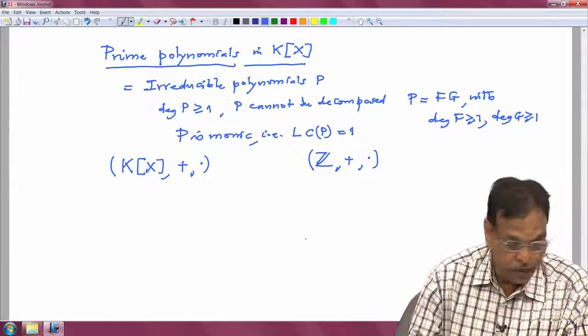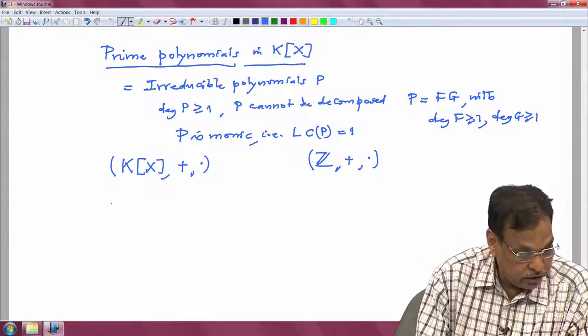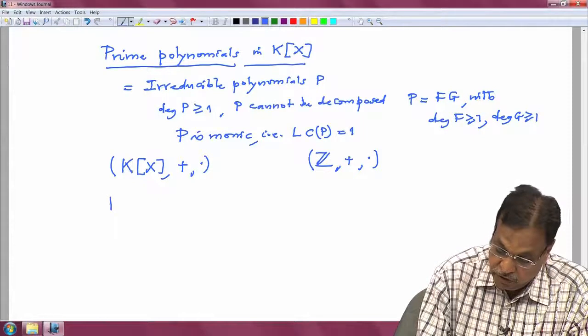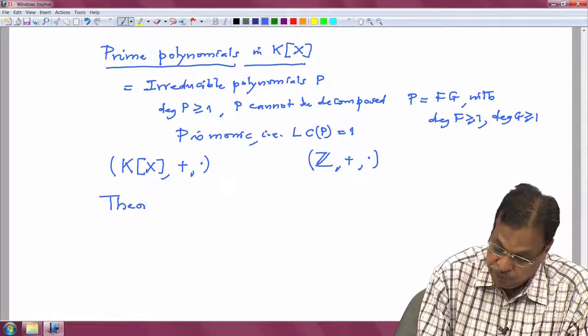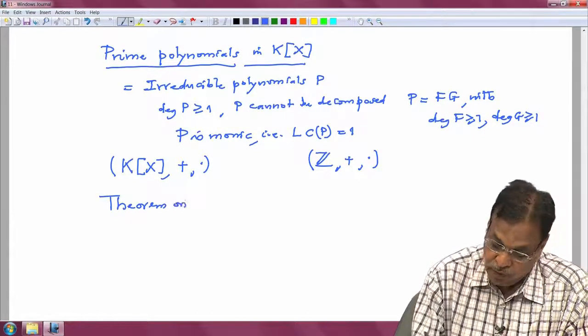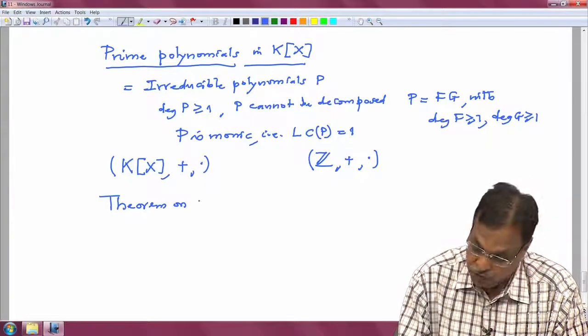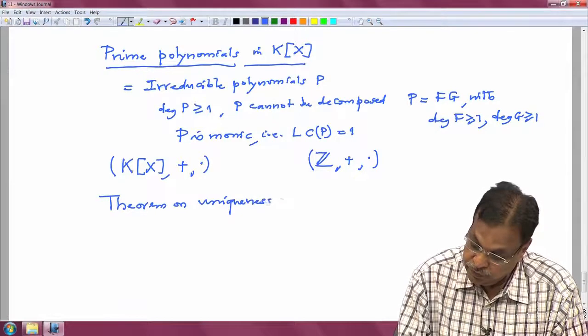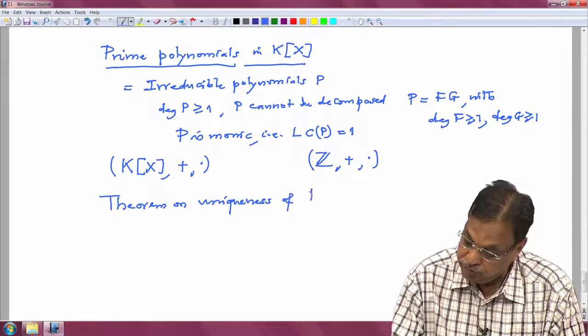In addition to that, I would also like to note this theorem on uniqueness of prime decomposition.